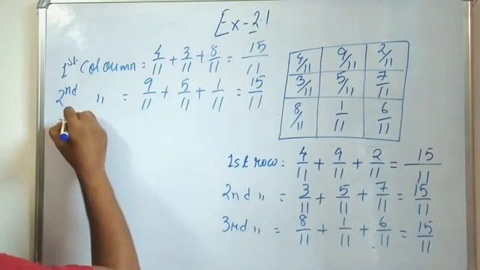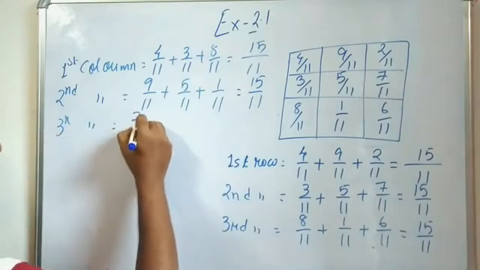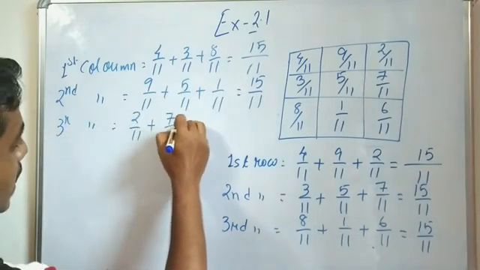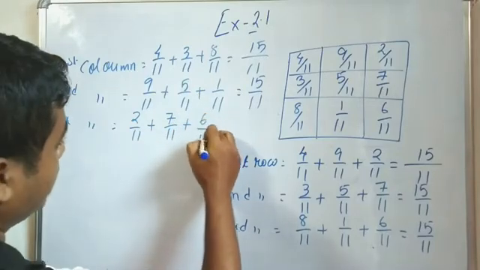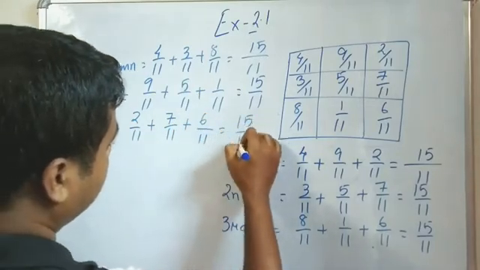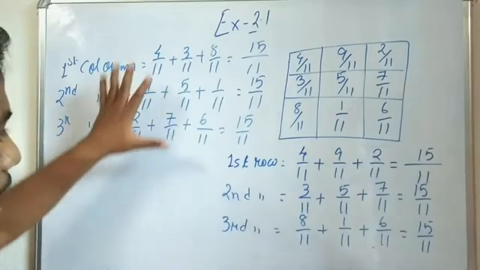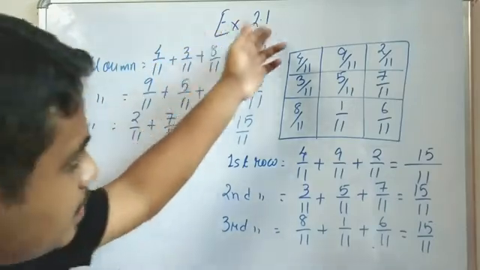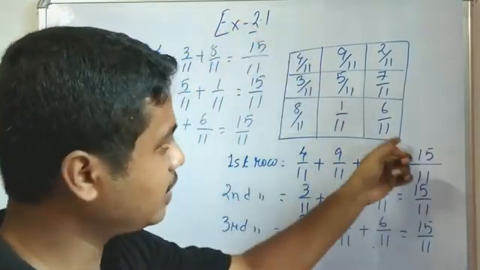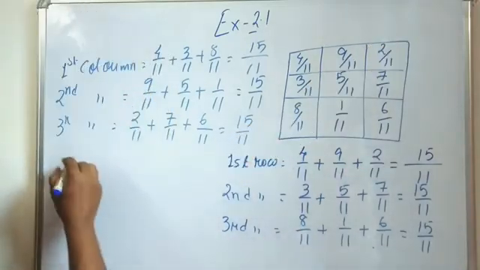Goes to the third column: 2 by 11 plus 7 by 11 plus 6 by 11. Again it will be 15 by 11. Till now it is correct. Now we will be checking it diagonally, this way and this way.